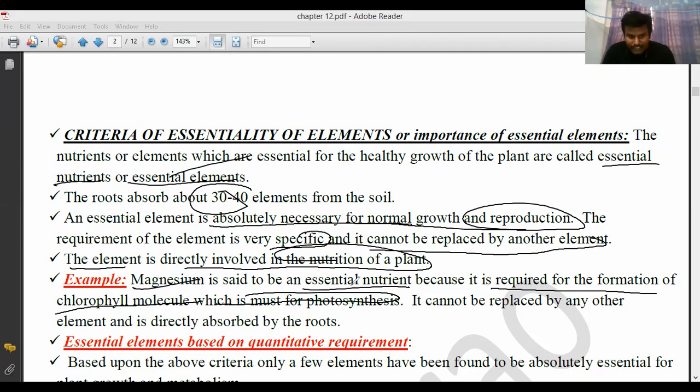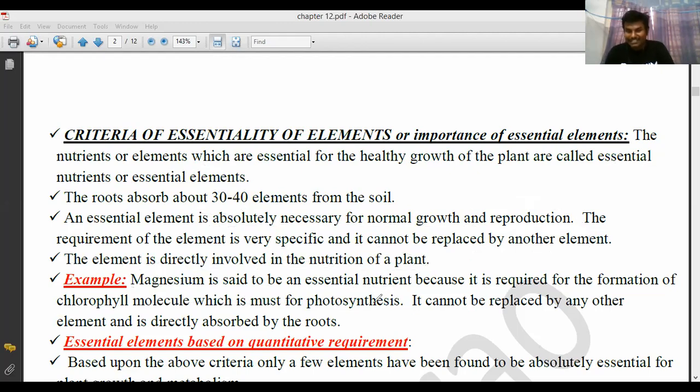If magnesium is deficient in the soil, the plant does not make chlorophyll pigment. If chlorophyll pigment is deficient, the plant does not perform photosynthesis. The requirement of the element is very specific and is not replaced by any other element.